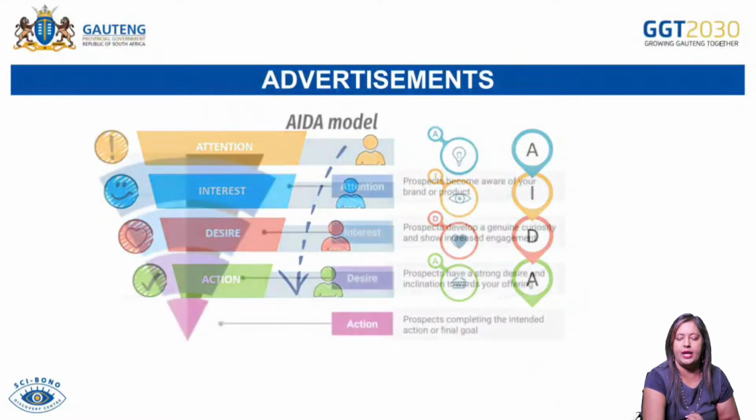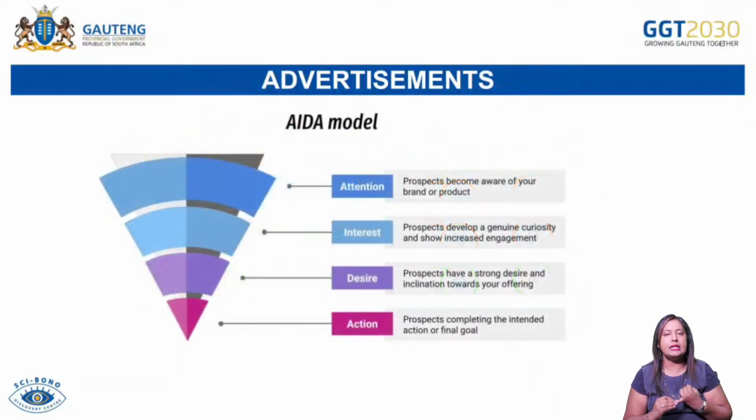So there's a reason why that advertiser has advertised that product or service, and you need to be aware of that. So AIDA: A is for attention. This is when you become aware of the product or the brand or the service. The interest part is where we are creating curiosity within you to read further, to get more information about the text.